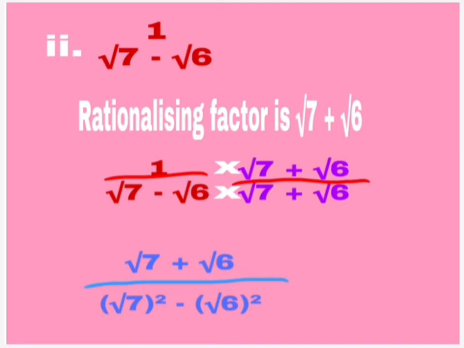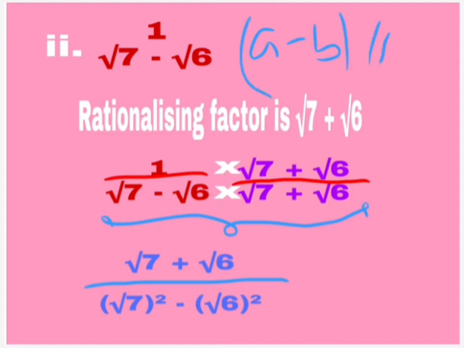And when it comes to the denominator, your denominator is in the form a minus b into a plus b. Okay. So here we are going to apply the identity.